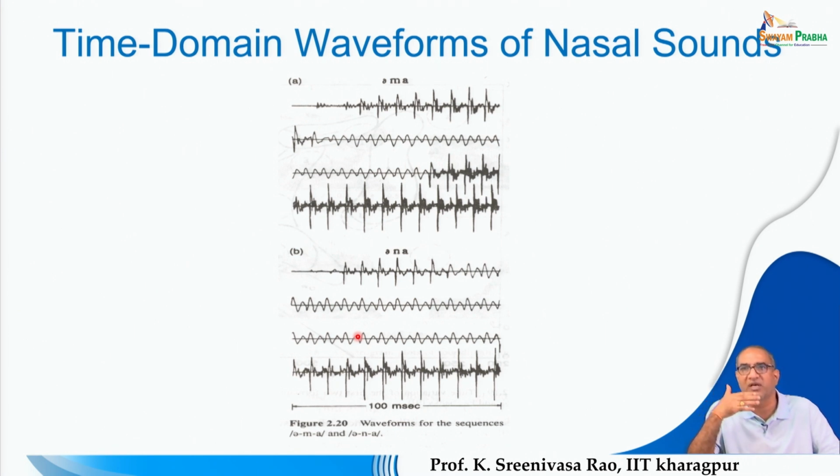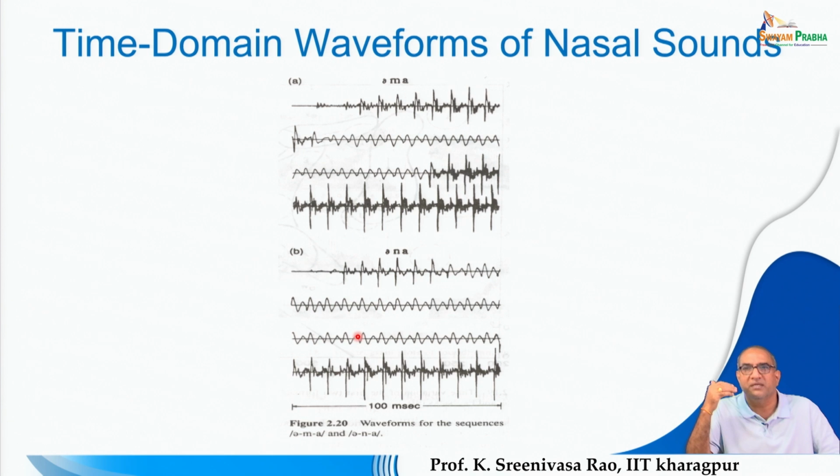In the case of Ma, the oral cavity is closed at the lips, so the oral cavity and the nasal cavity contribute to Ma, whereas in the case of Na, the oral cavity is closed at the teeth and the remaining portion of the oral cavity and the nasal cavity contribute to Na.